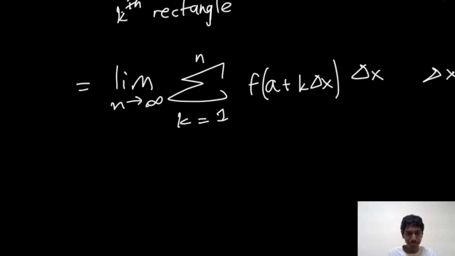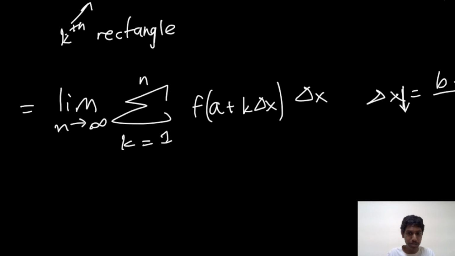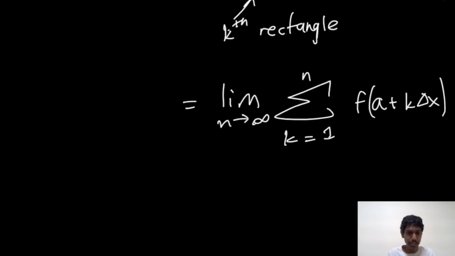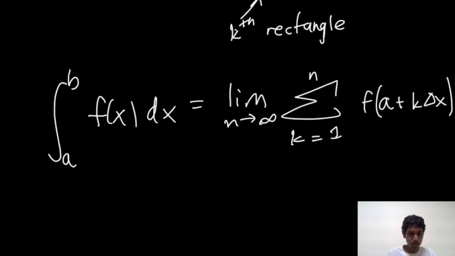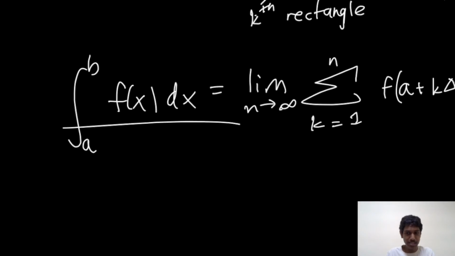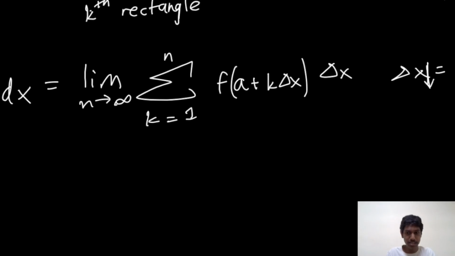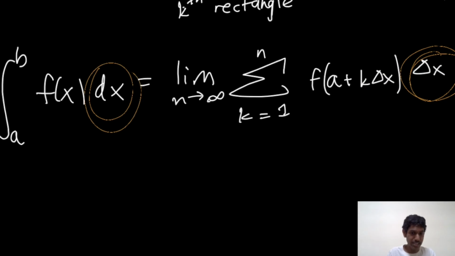But if your limit approaches something, then we call that a definite integral between a and b, and we write it like this. And so we're going from a to b, right? And n is really going to infinity, so n no longer appears in our notation. And then this delta x that you see right here became dx at the end.